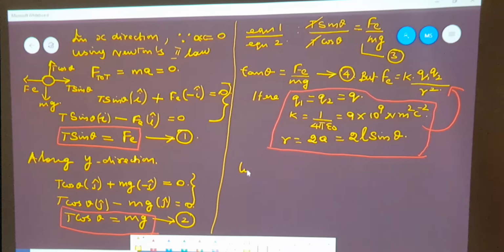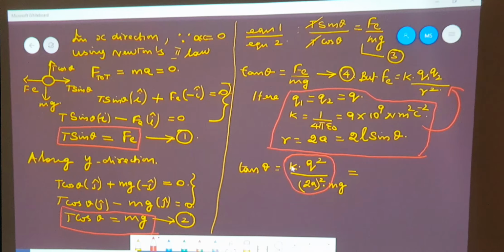I am writing tan theta equal to, instead of Fe, K, then Q1 into Q2 as Q square, divided by, instead of R square, 2A the whole square, and here you have M into G. So I think you are clear. This gives the value of Fe, K Q square, instead of R, 2A the whole square.